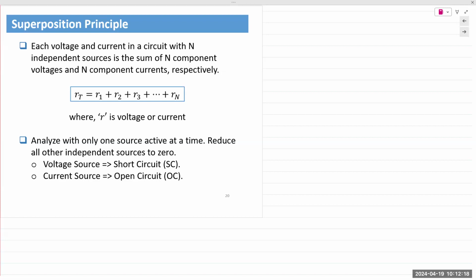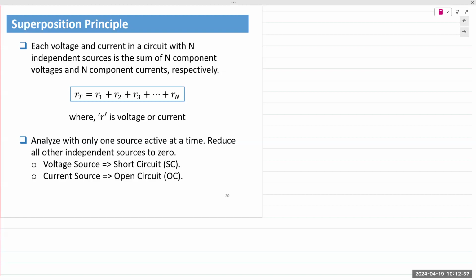So let's say we have two sources in a circuit, a voltage source and a current source, Vs and Is. And there are, let's say, 4 resistors, R1, R2, R3, R4. So the voltage, let's say VR1, for instance, the voltage across R1 would be a result of the voltage source Vs and the current source Is working at the same time.